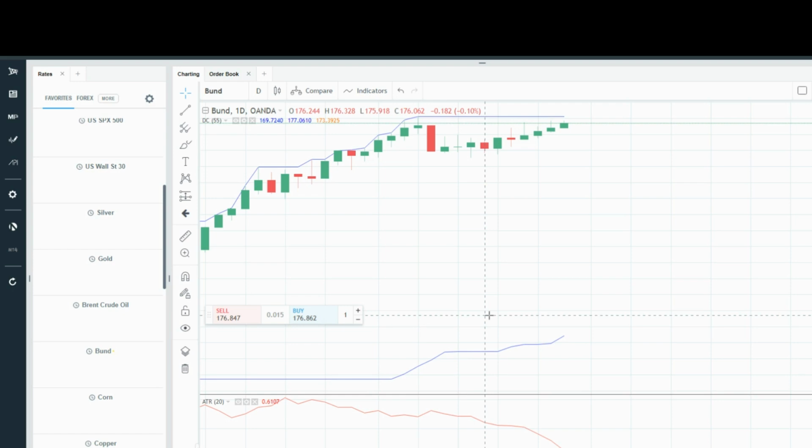I think if you start trying to tweak everything, this is where you get into the idea of optimization, of really trying to get theoretically optimal settings which don't actually work in real life. And so my point is, if you decide to use a 15-day average true range versus a 20, it's not going to make that much difference.